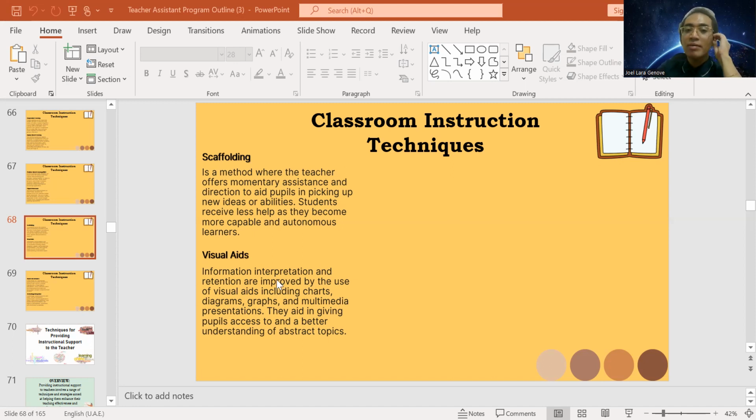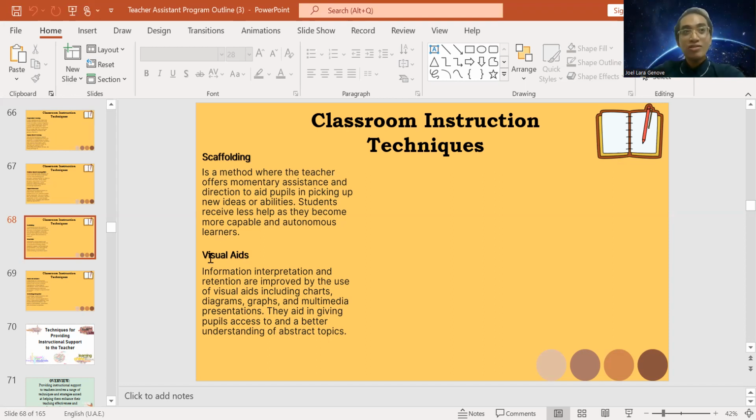Visual aids. Information interpretation and retention are improved by the use of visual aids, including charts, diagrams, graphs, and multimedia presentations. They aid in giving pupils access to a better understanding of abstract topics. Visual aids, you know, a PowerPoint presentation is a visual, something that they can see.